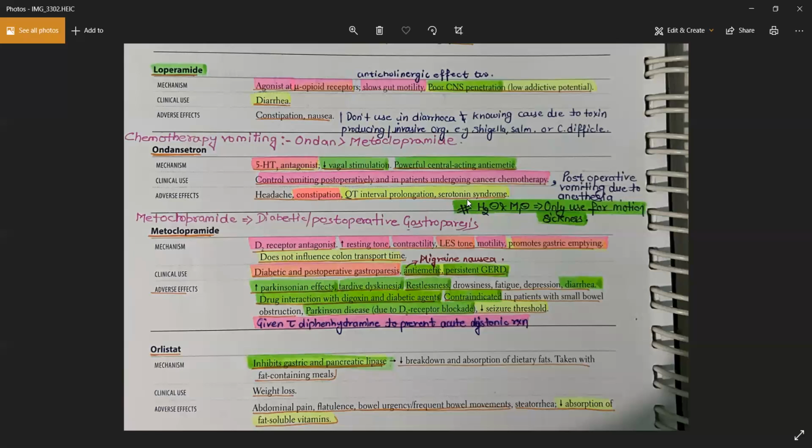If you guys remember, we have discussed the A, B, C, D, E mnemonic for QT prolongation. A for the antiarrhythmic agents, like class 3 and class 1 agents. B for the antibacterial agents, like the macrolides and fluoroquinolones. For the C, we discussed the antipsychotics, and which antipsychotic?